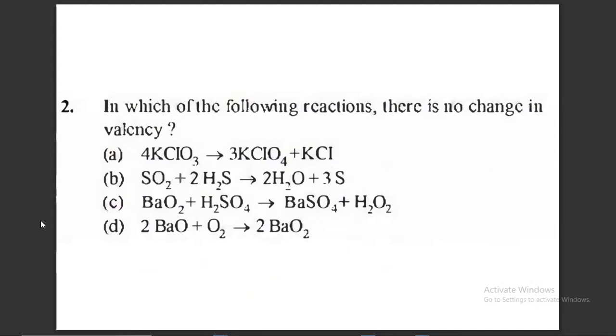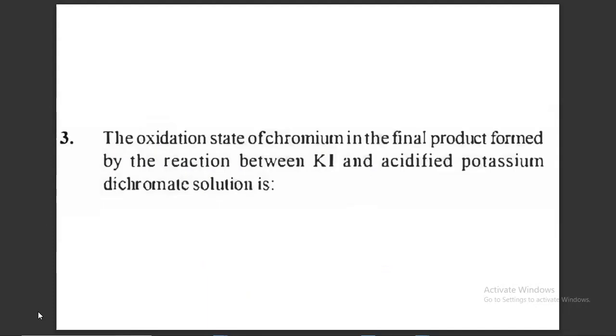Question number 3. The oxidation state of chromium in the final product formed by the reaction between potassium iodide and acidified potassium dichromate is. So you need to write down the ionic reaction to answer the question. From this dichromate, Cr2O7 2 minus plus iodide, you can get the answer after balancing chromium, iodine, and water.